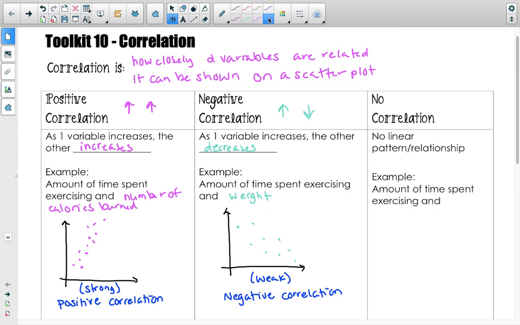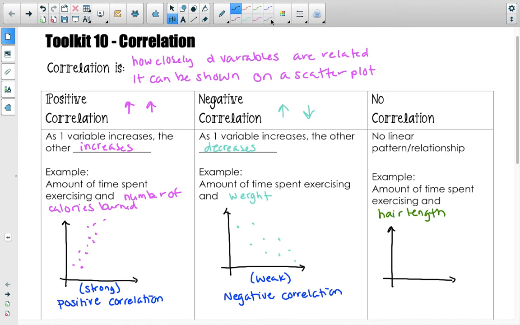And last, we have no correlation. This is when there is no linear pattern or relationship between them. An example of this, again, amount of time spent exercising and maybe your hair length, because these have nothing to do with each other. If we were to look at this in a scatter plot, our data points would be completely irrelevant to each other.